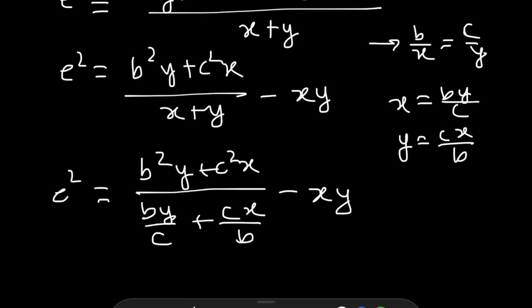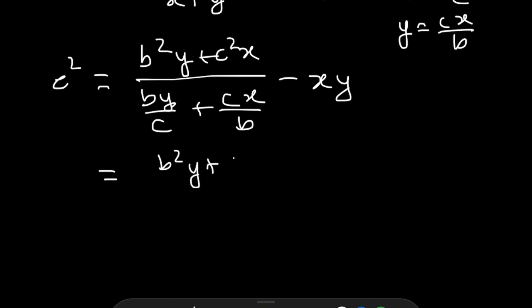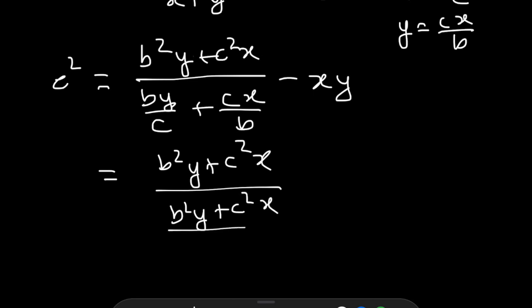Okay, and now let's simplify the denominator a little bit more, and we get (b squared y plus c squared x) over ((b squared y plus c squared x) over bc), right? We have just gotten it under a common denominator, minus xy.